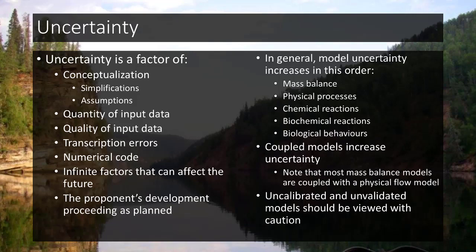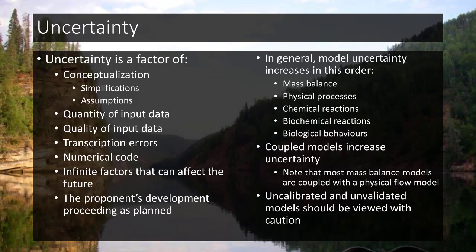And then I put at the bottom here, uncalibrated and unvalidated models should be viewed with caution. A lot of times it's not even possible to calibrate a model. We might be modeling something that's going to be built in the future. For example, a cooling pond, if there's a thermal power plant of some sort, whether it's coal or nuclear or whatever, they usually have a cooling pond.